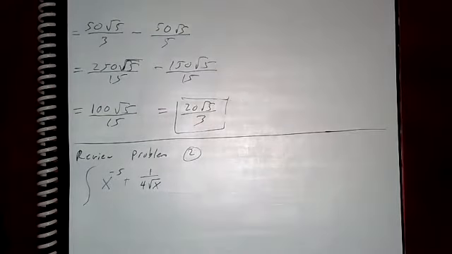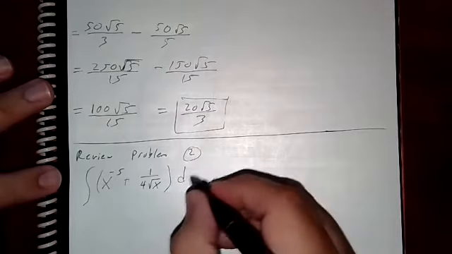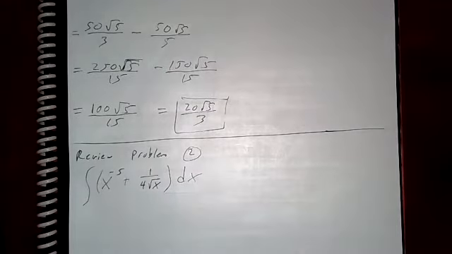So 4 is a coefficient, it's not the index. We'll put parentheses, dx. So first thing we should do is separate it. So let's do it.